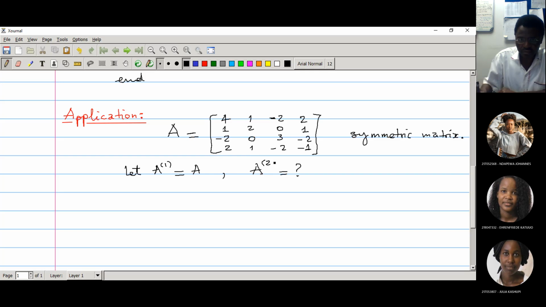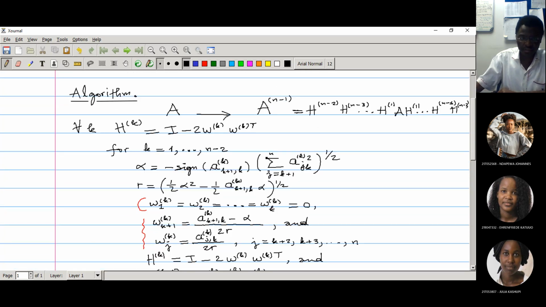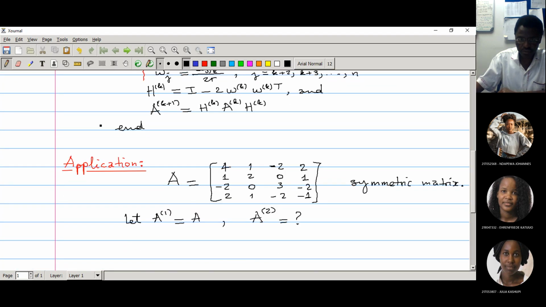In the algorithm, remember that the first step is to compute alpha here. That's our first step. This is H_1, A_1, which is A.